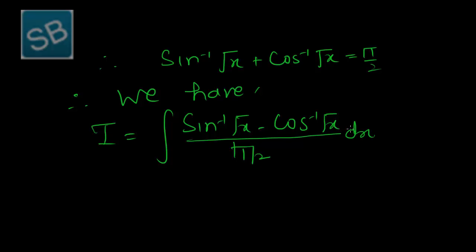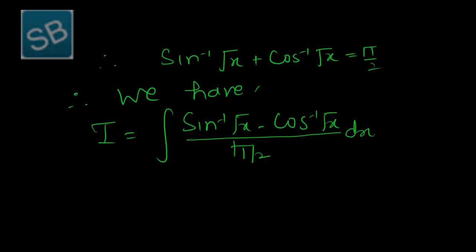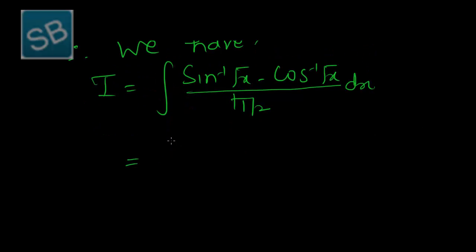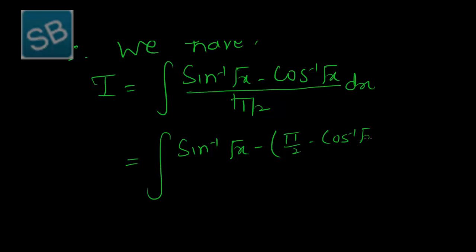From this we also get cos inverse root x is equal to pi by 2 minus sin inverse root x. So we get the integral of (sin inverse root x minus (pi by 2 minus sin inverse root x)) over pi by 2 dx.